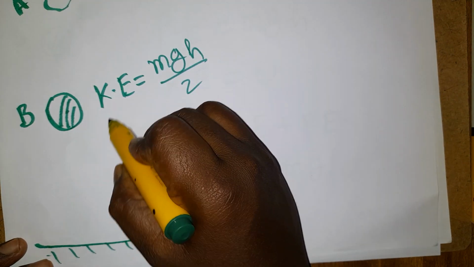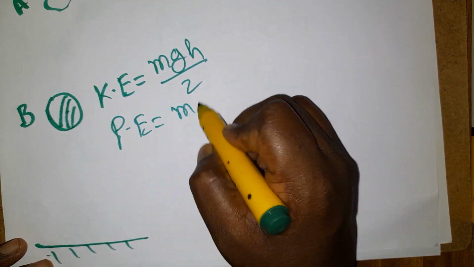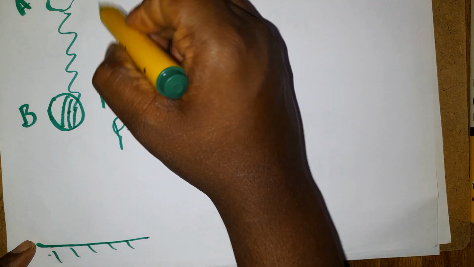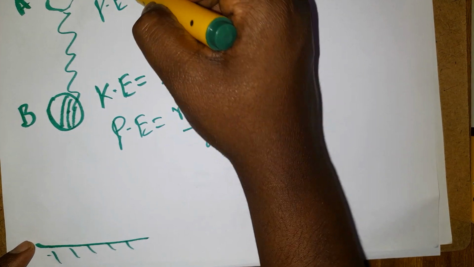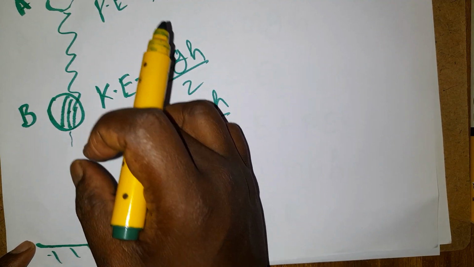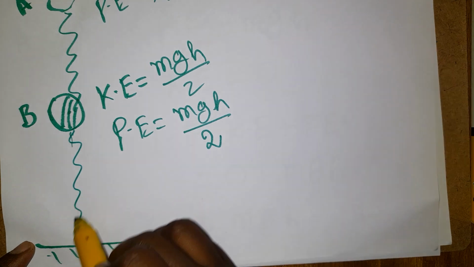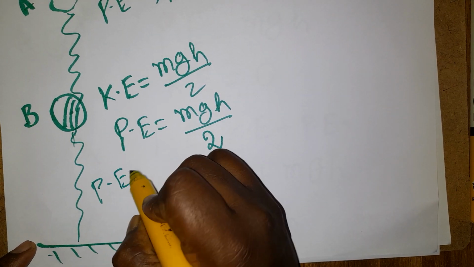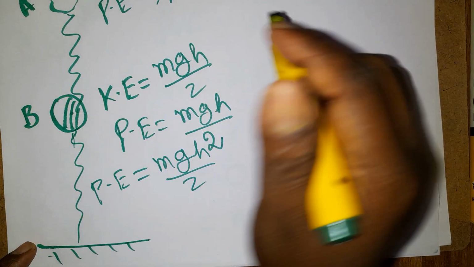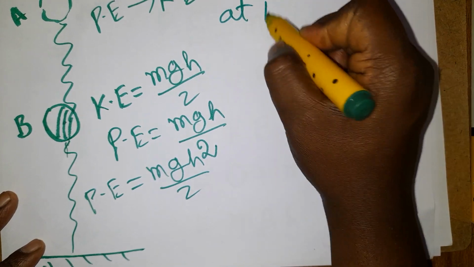Why half? Because this much potential energy is already converted to kinetic energy, and this much potential energy is still stored in the object. So this part is going to convert. Potential energy is mgh by 2, and already converted kinetic energy is mgh by 2. At point B, both share it half and half.